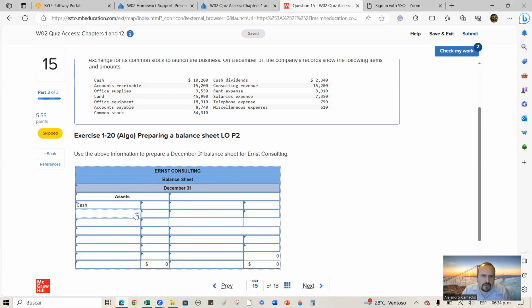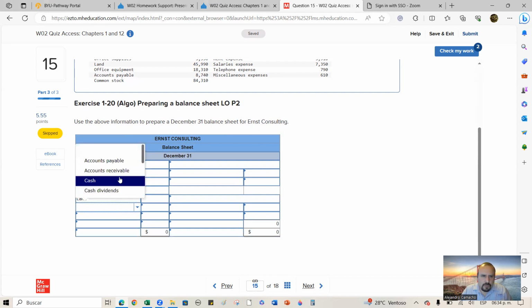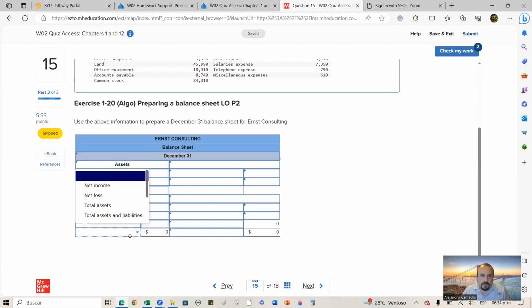So we have cash, account receivable, office supplies, we have land because it's under control of the company, and office equipment. And with that, we will get the total assets.